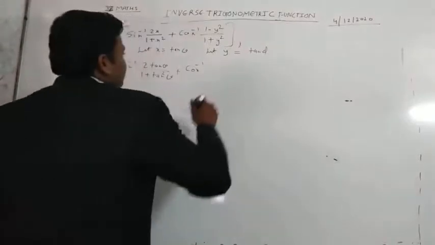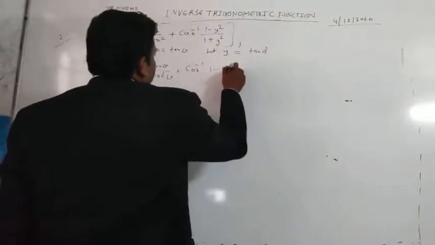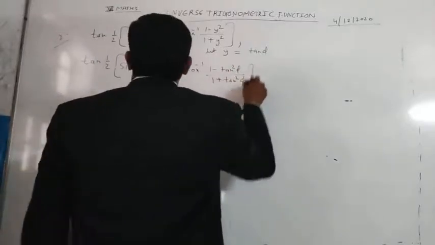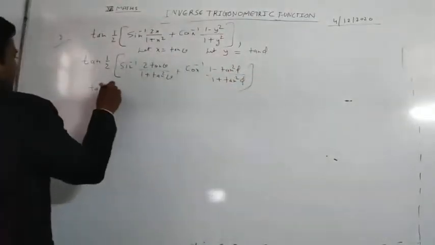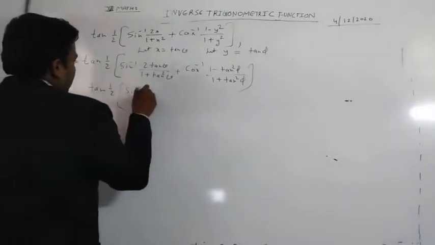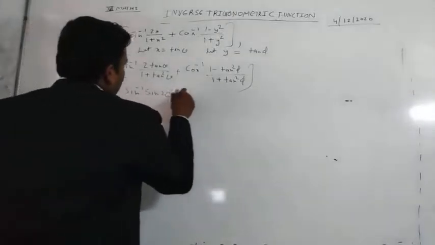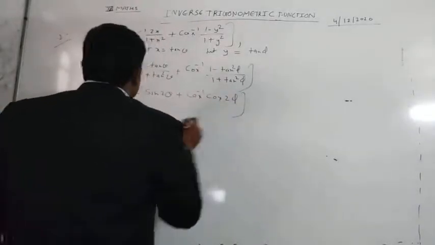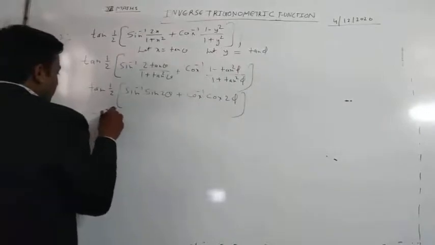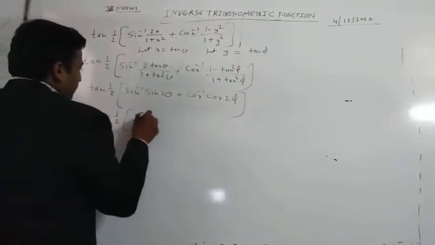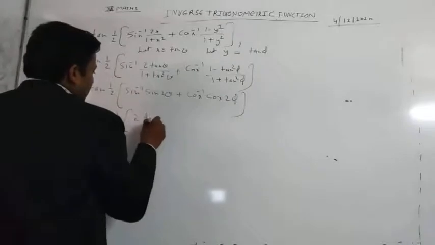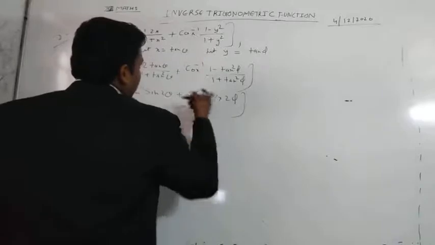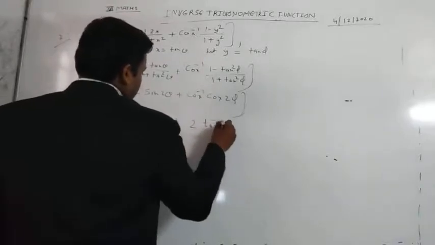So this will be 1 minus tan square phi by 1 plus tan square phi. So in tan of 1 by 2, this is sin inverse of sin 2 theta, and cos inverse of cos 2 phi. So this will be 2 theta, and theta will be tan inverse x, and the cos and cos will reduce, and phi will be tan inverse y.